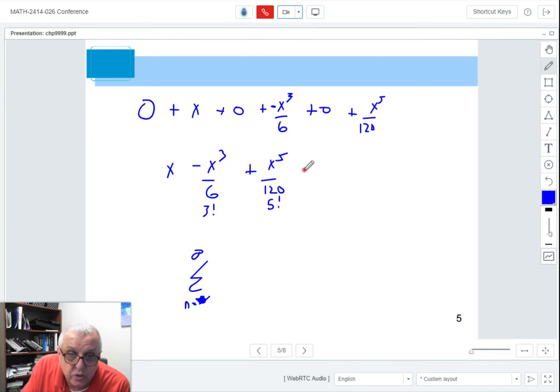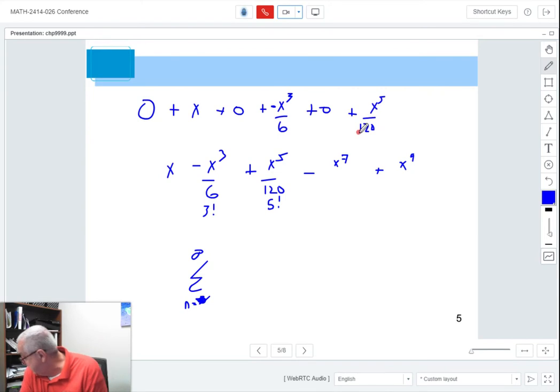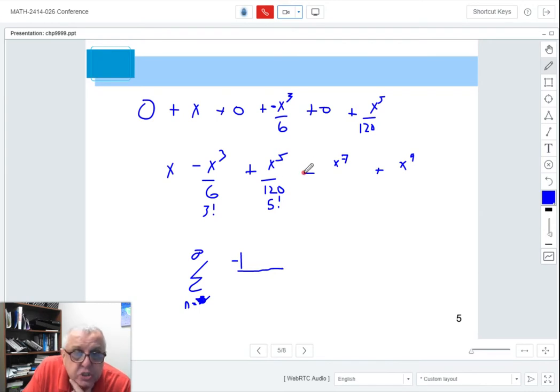The next one would be negative, x to the 7. If you keep on going, the next would be positive, x to the 9. So it's going negative, positive, negative, positive. The only way to get one term as a negative and a positive is to multiply the top by -1.